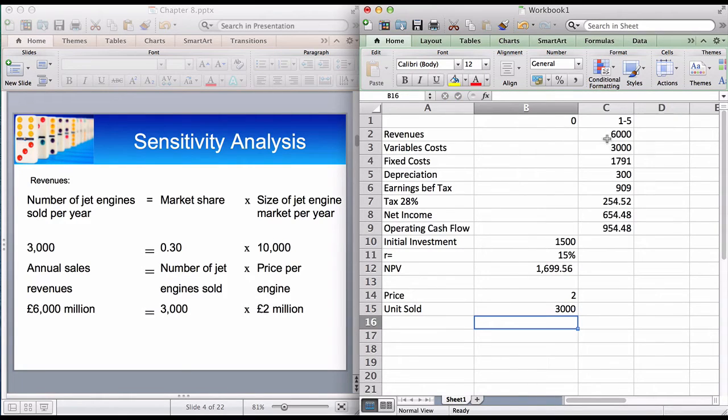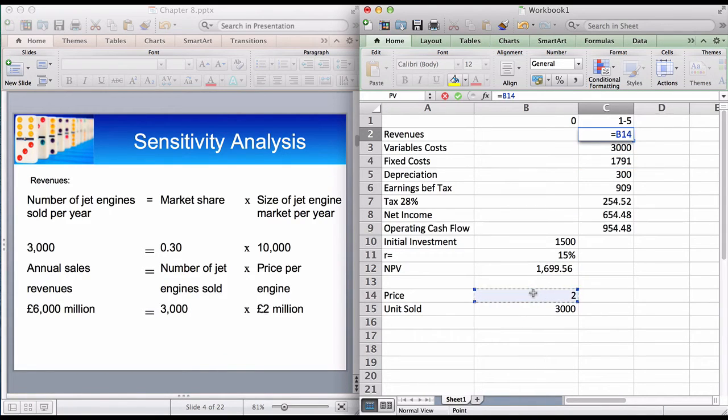So I'm going to change this 6,000 to be a formula which is based on the price multiplied by the number of units sold. Now you'll see that it's the exact same thing, but now I'm making the analysis much more granular in that I'm now looking at the inputs into these end game cash flows.